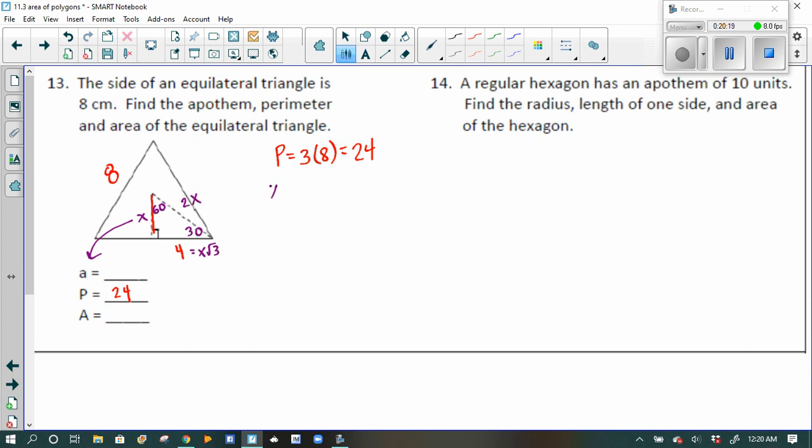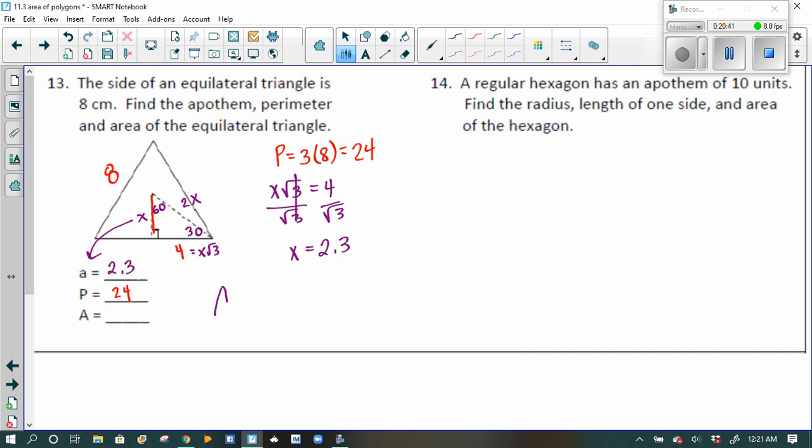So if x square root of 3 is equal to 4, then I need to divide by the square root of 3. So I'm just going to type it in my calculator. It's going to be a decimal. It's going to be fine. 4 divided by the square root of 3 is 2.3. So my apothem is 2.3.